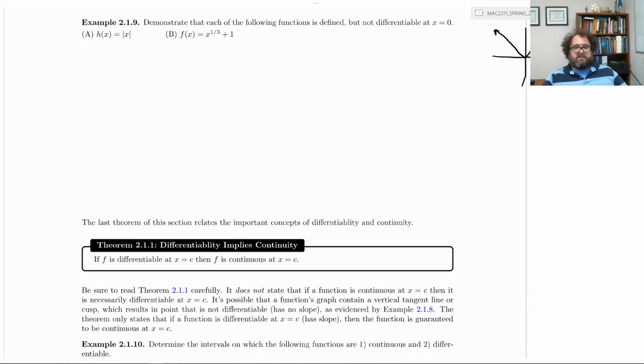So yeah, it's continuous. The domain is all real numbers, right? We learned that in college algebra. There's no holes, there's no asymptotes. So the domain is all real numbers, like so. Okay. Now, what about the derivative?